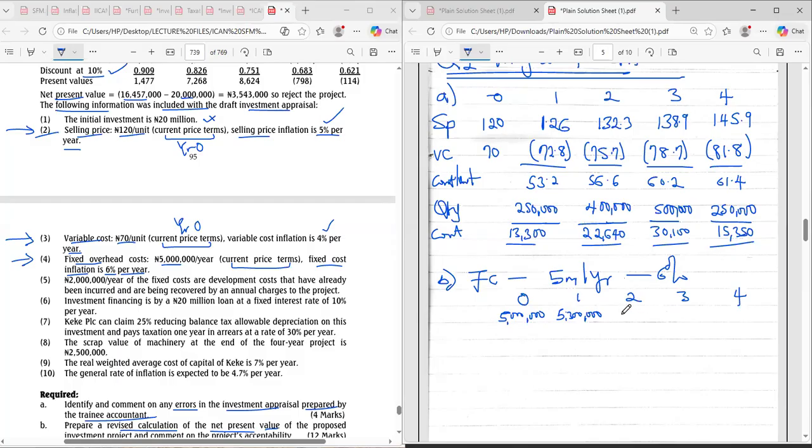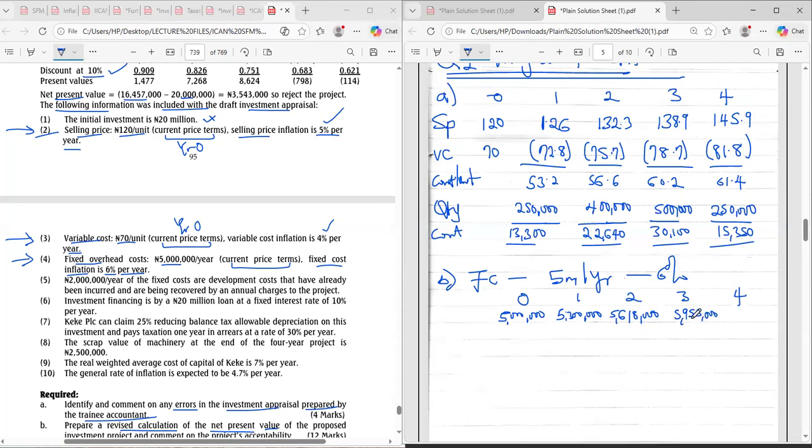5,618. Year 3. Please increase it by 6%. 5,955,080.